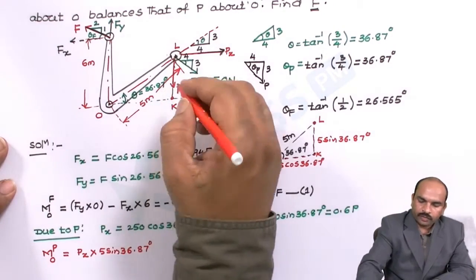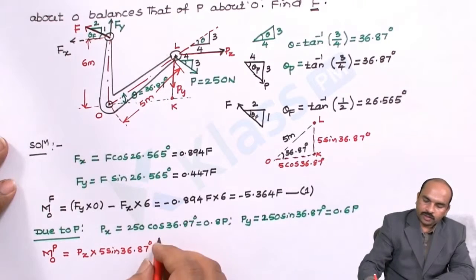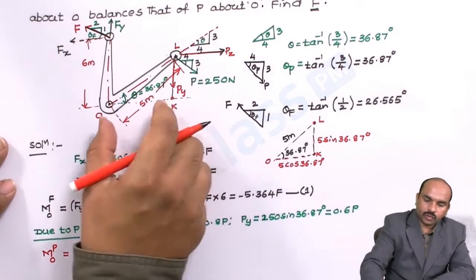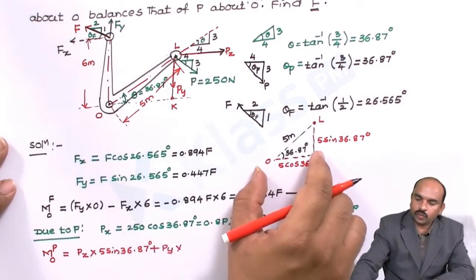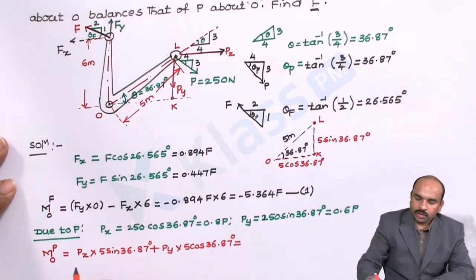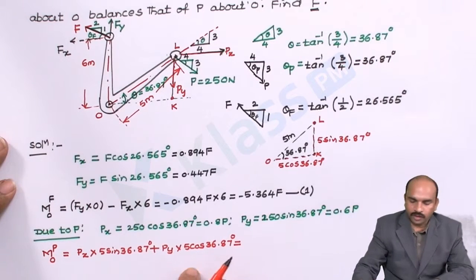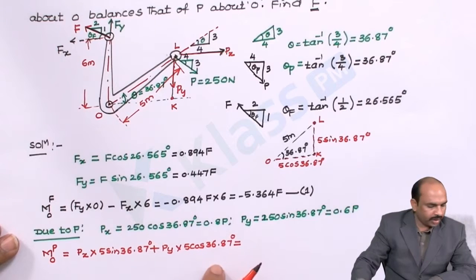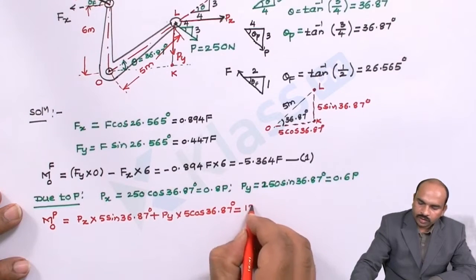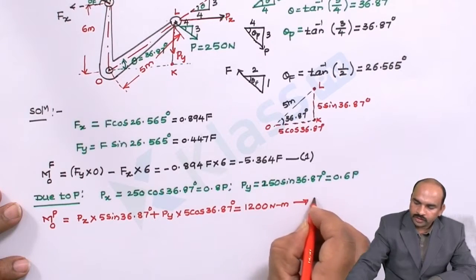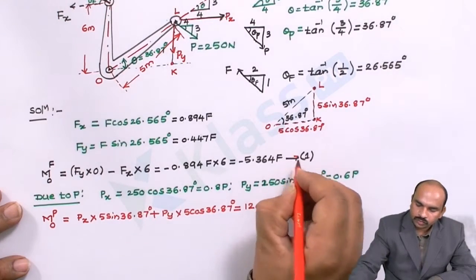Then Py creates a clockwise moment, so it is plus Py into its perpendicular distance KO, that is 5 cos 36.87 degrees. Now substituting the Px, Py values and simplifying the total equation, we are getting the final value as 1200 Newton meter. So this is equation 2.